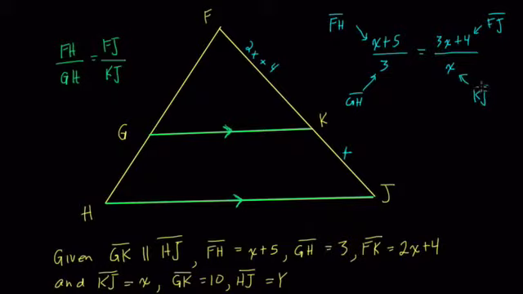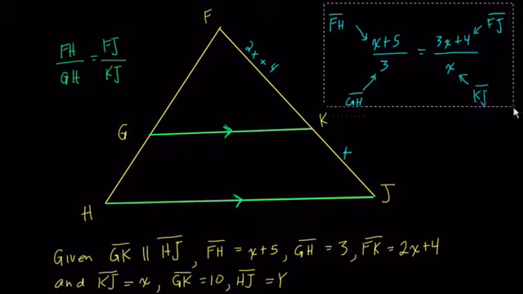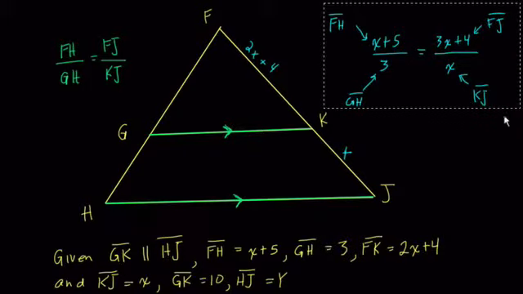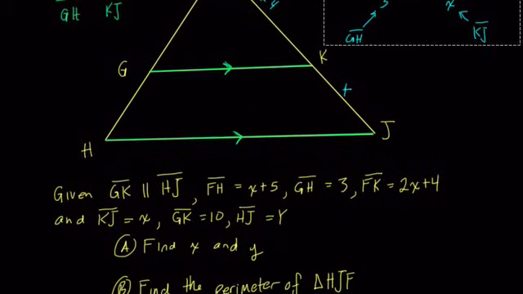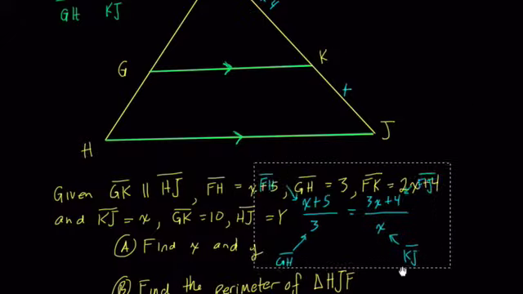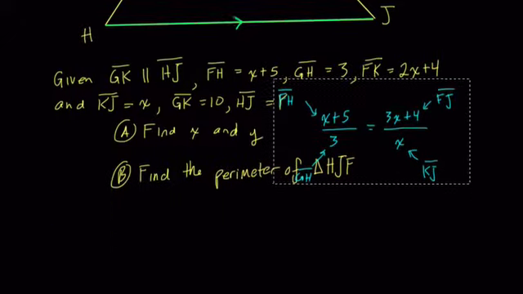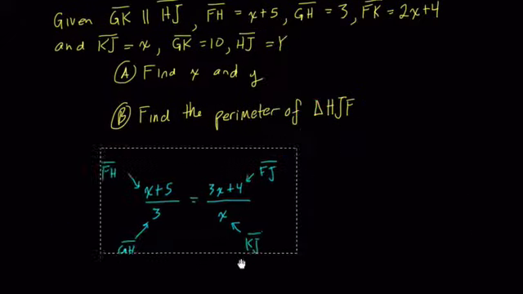So here, let's solve for x in this proportion. What I would do is multiply both sides by 3 and then by x. Let me just transplant this out of here so we have room now. There are two things we're trying to do in this question. We're trying to solve for x and y, and then we're going to apply it to find the perimeter of the triangle.